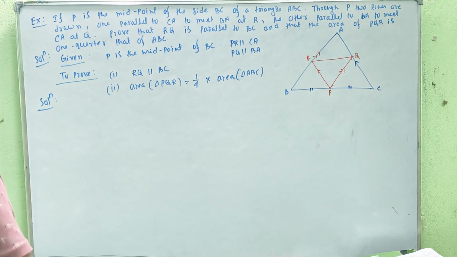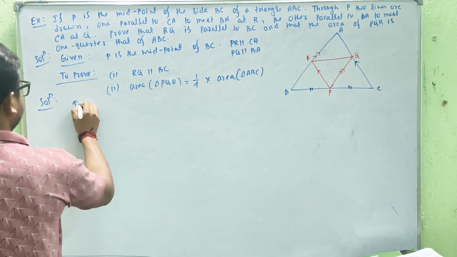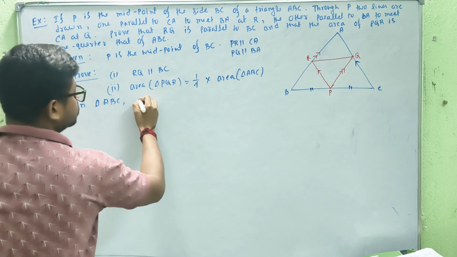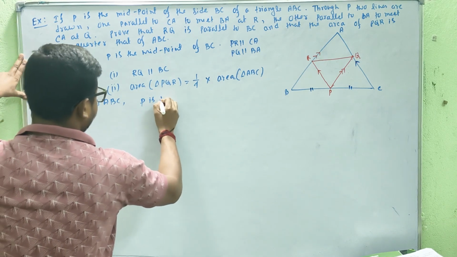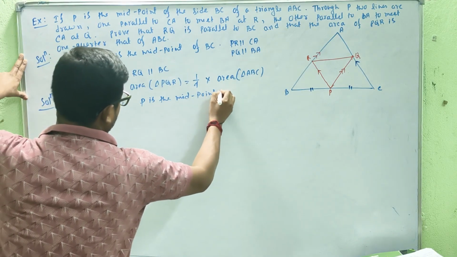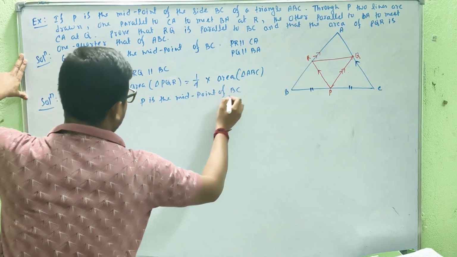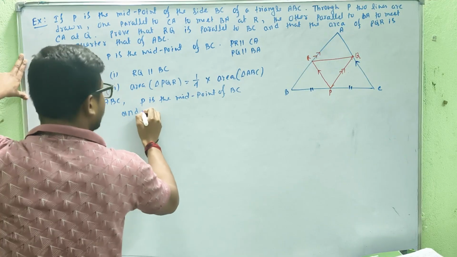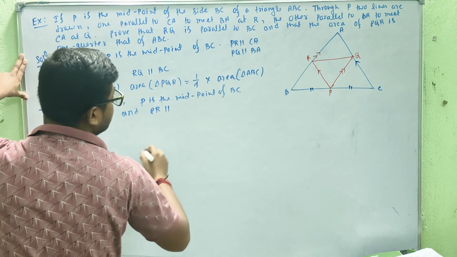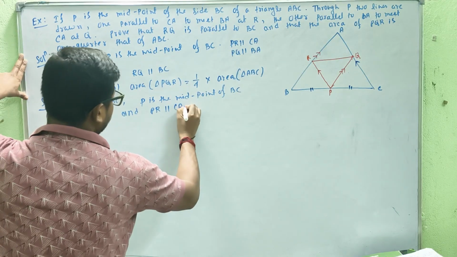In triangle ABC, P is the midpoint of BC and PR parallel to CA.